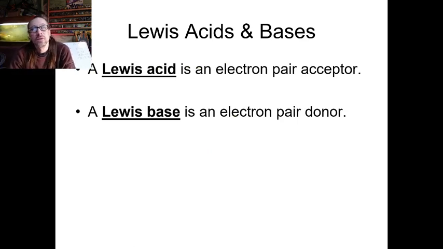And so Lewis acids would be what we call an electron pair acceptor. A Lewis base is an electron pair donor. My favorite example is ammonia, NH3, and so we'll look at that. It's got that lone pair up at the top. It can donate that lone pair, and so hopefully we can kind of see how that rolls out.